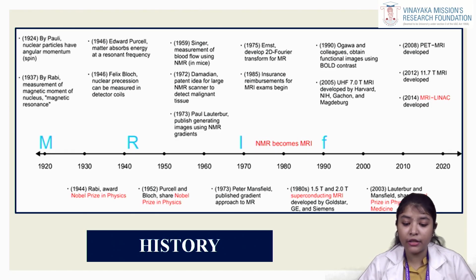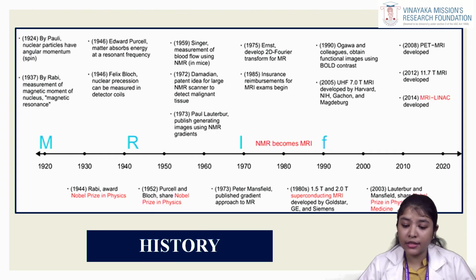In 1975 Ernst developed the 2D Fourier transform for MR, and in 1985 insurance reimbursement for MRI began. In 1980, 1.5 Tesla and 2.0 Tesla superconducting MRI was developed by Goldstar and Co.